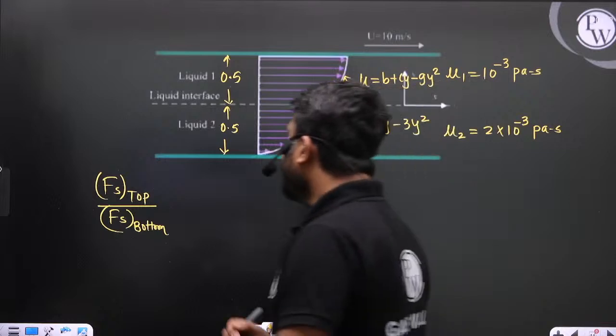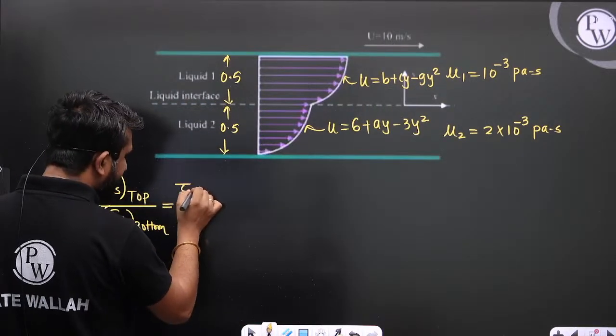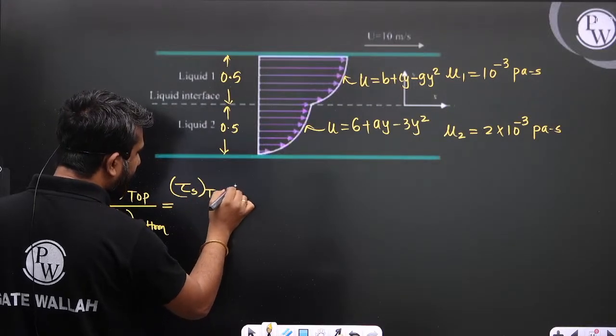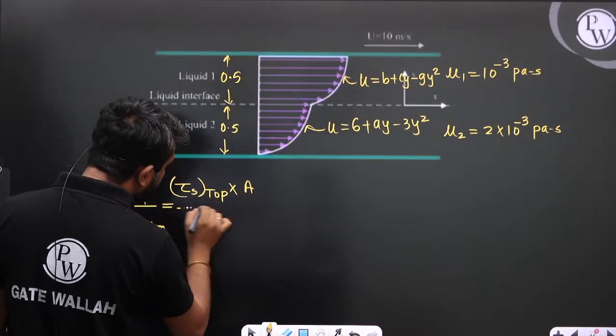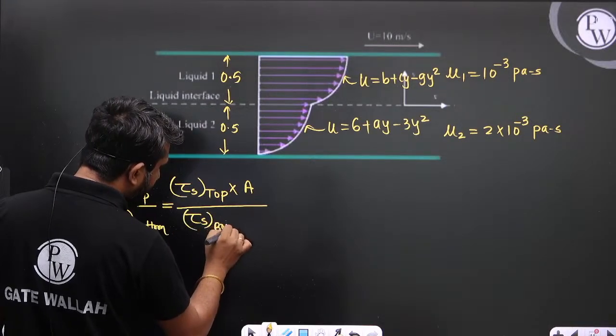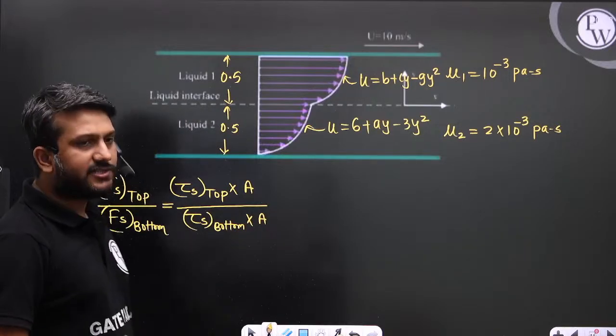Okay, so beta, can we write this as the shear stress tau on the top plate multiplied by area, to the shear stress on the bottom plate multiplied by area? Can we write it in this way now?